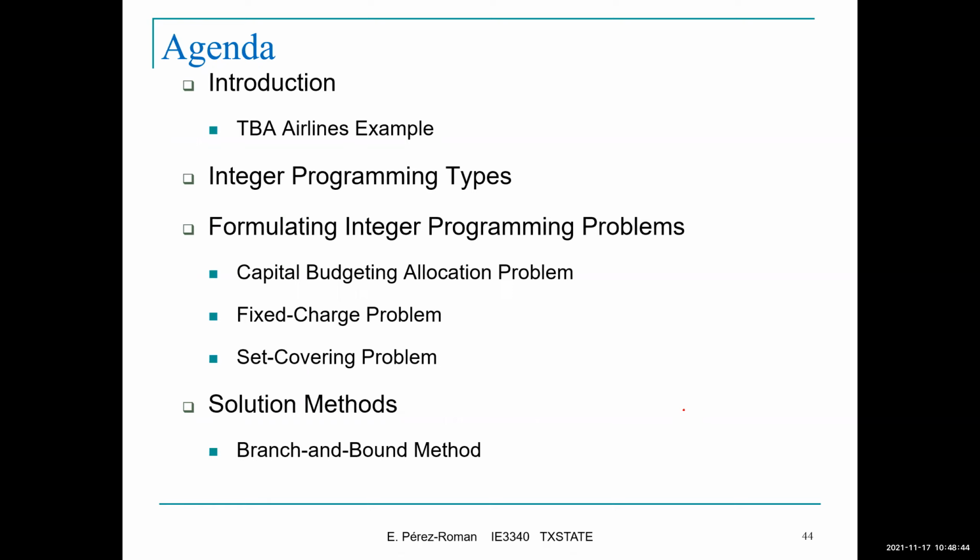These are combinatorial problems. Again, you're searching for combinations. And as you increase the size of the problem, this becomes very, very big. You have to test multiple combinations. And that's why the branching, pruning strategy saves you time because you are discarding certain branches as you move forward in the process.